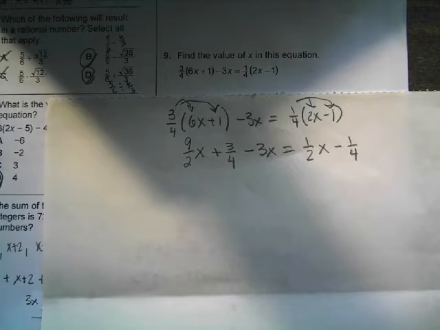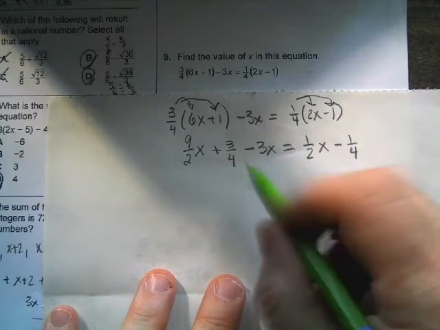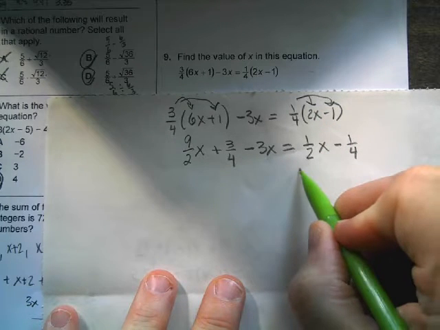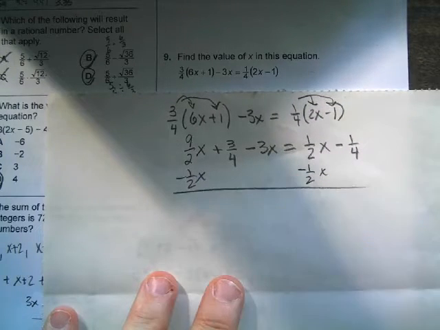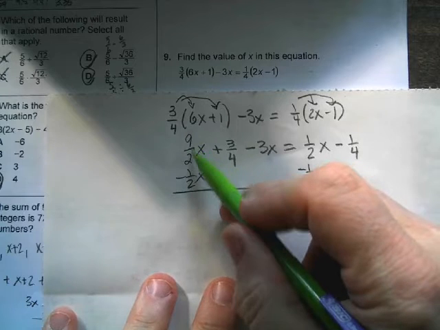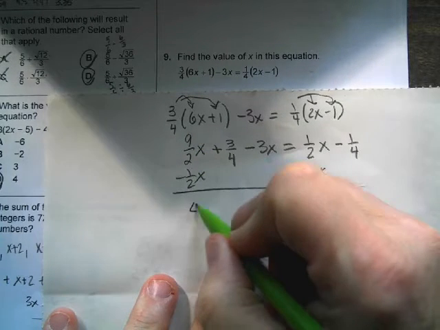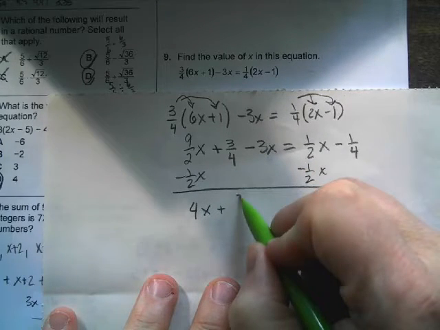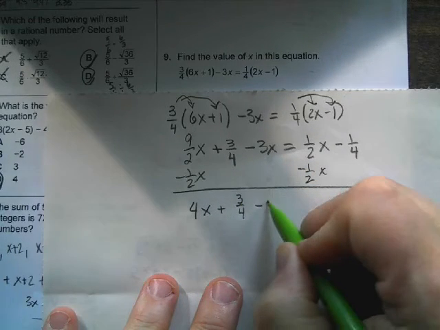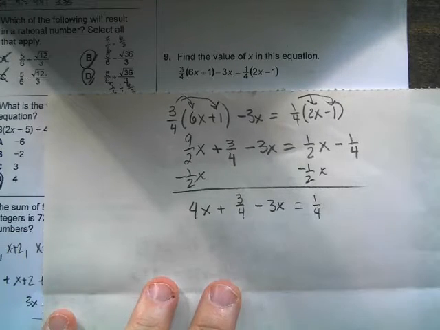I could go through and multiply everything by 4, get rid of the fractions. I'm not going to. I am going to subtract 1/2 x from both sides, because that gives me 9 halves minus 1/2 is 8 halves, and 8 halves is 4. Plus 3/4, that 3x is still there, equals 1/4.